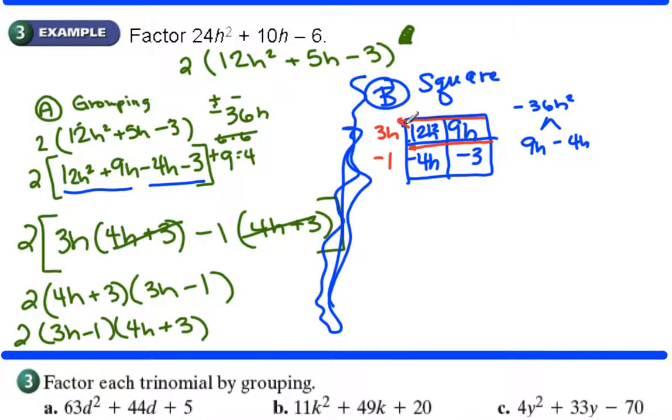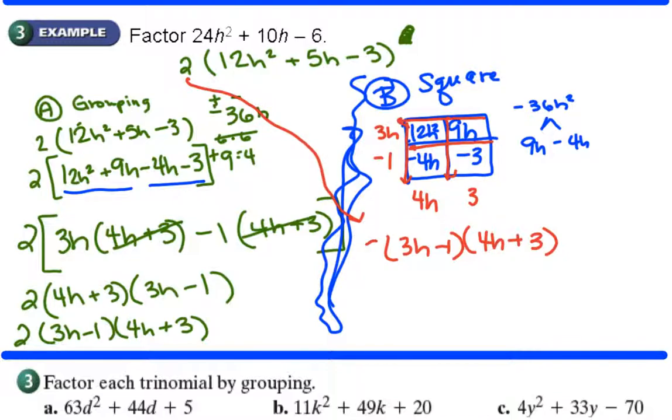Now going down, 12h squared and negative 4h would have a 4h in common, and 9h and negative 3 would have a 3 in common. So this would leave us with 3h minus 1 and 4h plus 3. But don't forget about the 2. There you go.